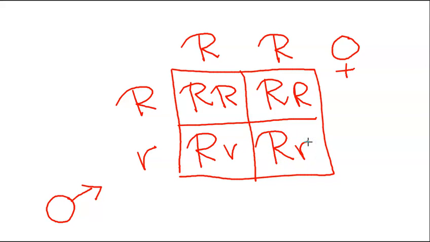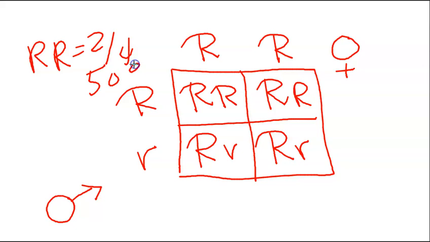Now we can see our Punnett square filled out. Out of the 4 squares, 2 are going to be homozygous dominant for tongue rolling. So RR equals 2 out of 4, which is a 50% chance of having a child who is homozygous dominant for tongue rolling.